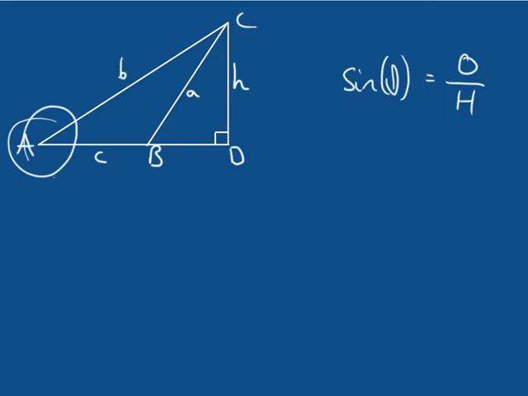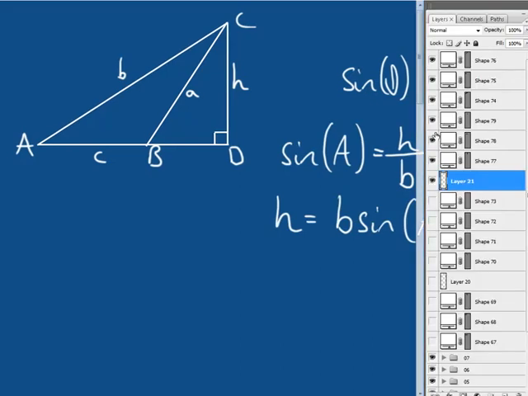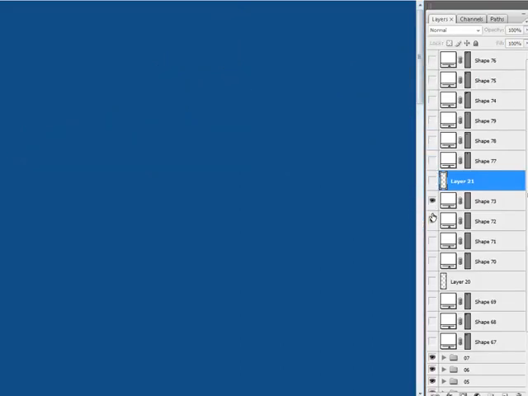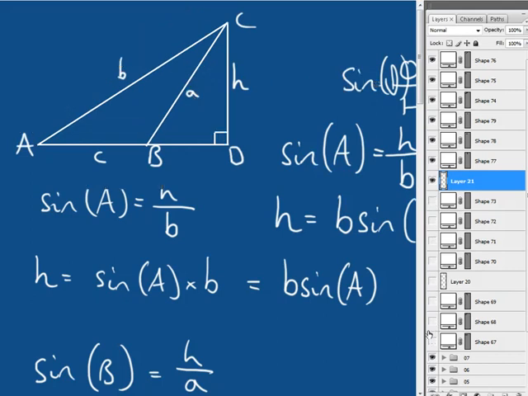So if our angle was A, then the sine of A is equal to the opposite, H, over the hypotenuse, B. Therefore, H is equal to B sine A. If we look back to our earlier calculations, we can see H is equal to B sine A. We actually get the same result. So our larger triangle is not an issue.